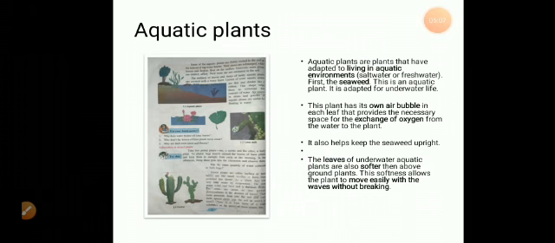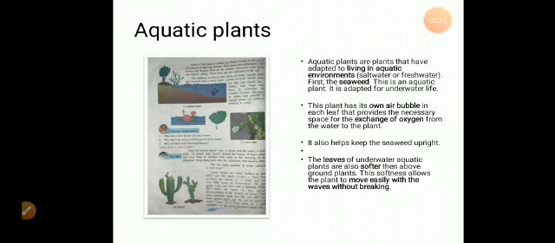Some plants entirely float, and their roots are not anchored in the soil. Now, if you have observed the leaves and the stems of these aquatic plants, they are covered with a waxy layer. The leaves of some of the aquatic plants are thin and slender like ribbon.